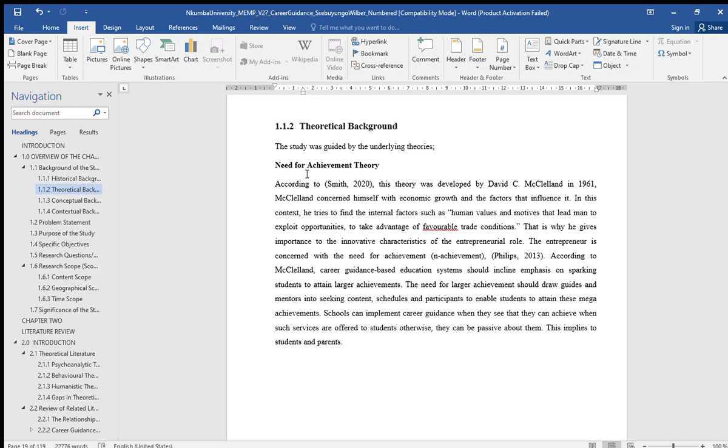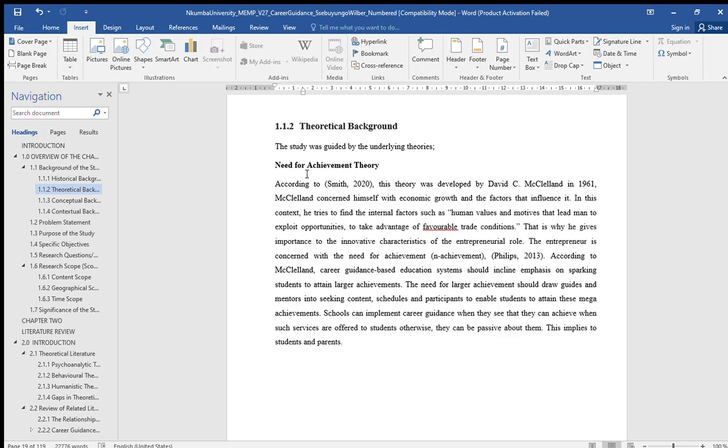So for this case, this research which I'm displaying to you was about career guidance. This one chose the need for achievement theory by David McClelland. He was convinced that because of McClelland's theory, people needed to receive career guidance in schools.